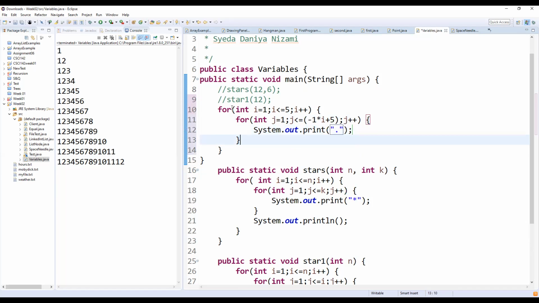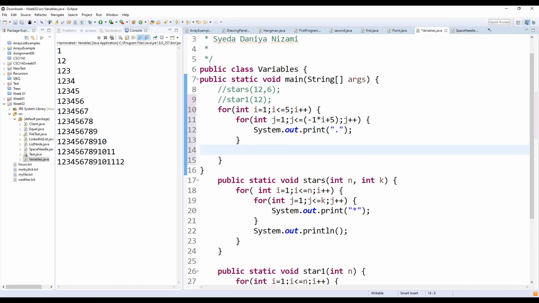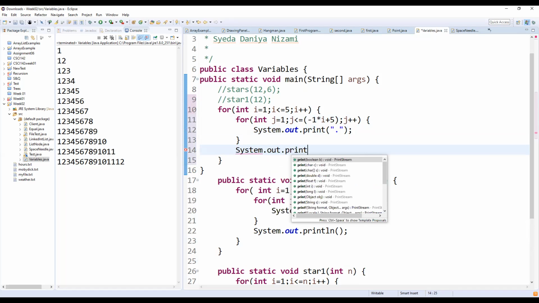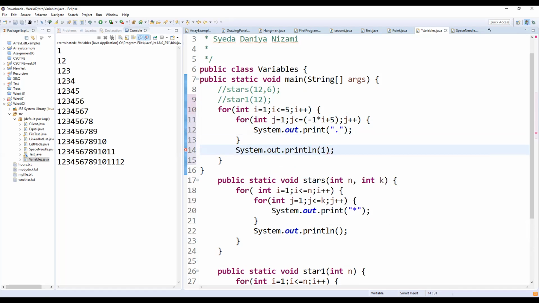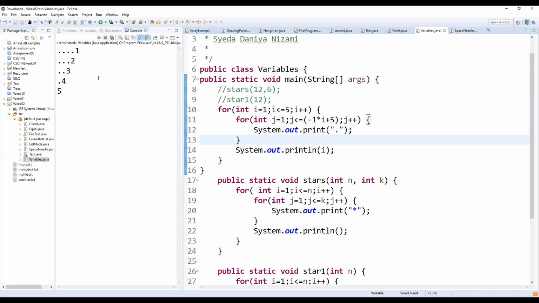The number is only printed once, so we make it part of the i loop: System.out.println, and after printing the dots, i is the number, because on line 1 it's 1, on line 2 it's 2. Let's run our code. As you can see, 4, 3, 2, 1, 0 and 1, 2, 3, 4, 5 are the number of dots we have.